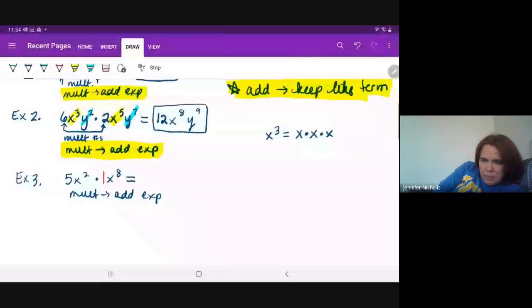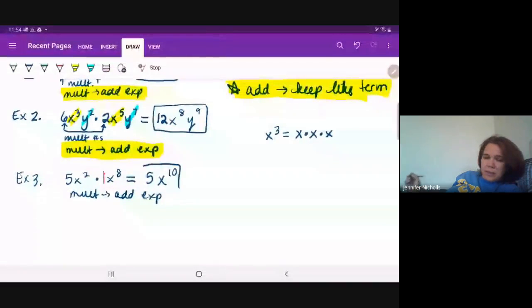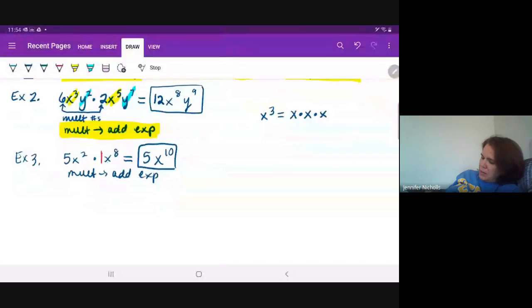What's 5 times 1? What's 5 times 1? 5. Yep. And then x to what exponent? Because you're going to add the exponents. Yep. Okay.